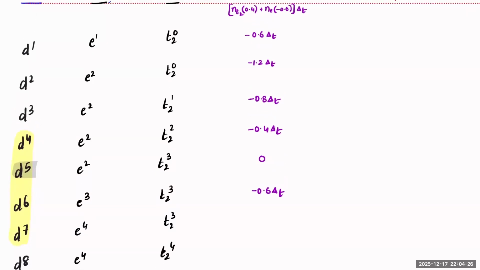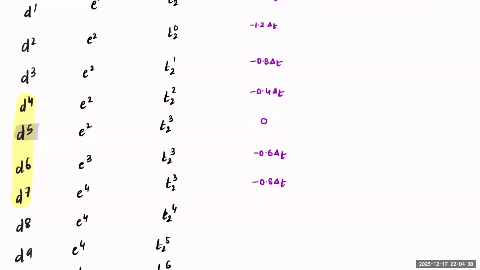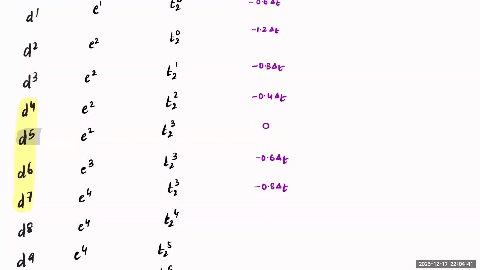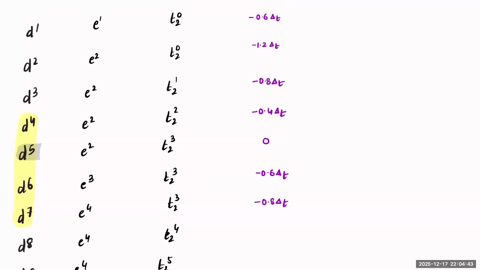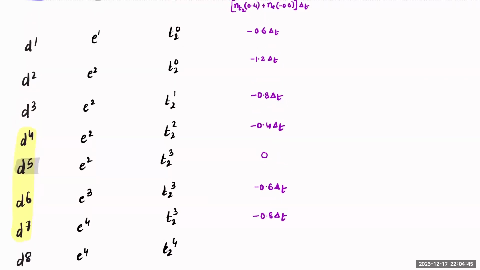And E4 this time. So 4 means 2.4. And here we have 3. So 1.8. So how much do we have? 0.8. Next, E4 and T2 4. This time T2 4 here. So 4 fours are 16 and here 24. So 24 and 16.